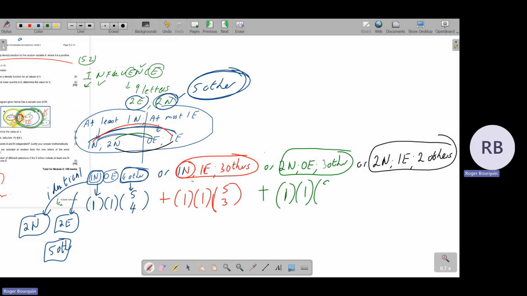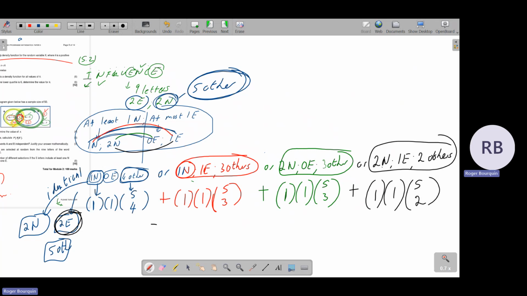You've got to choose 3 others, so you're going to get 5 choose 3. And lastly, the number of ways of choosing 2 N's is 1. For the E's, these are identical, so there's no choice. If they weren't identical, there'd be 2 choices, 2 choose 1. But now they're identical, so there's only 1 choice of E's. And you've got to choose 2 others. So from the 5 others, you've got to choose 2.